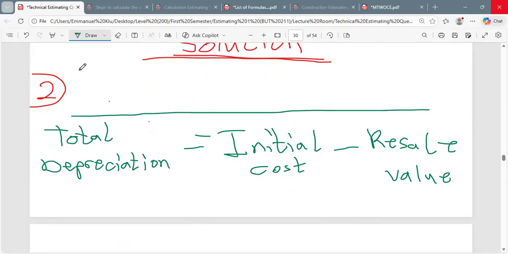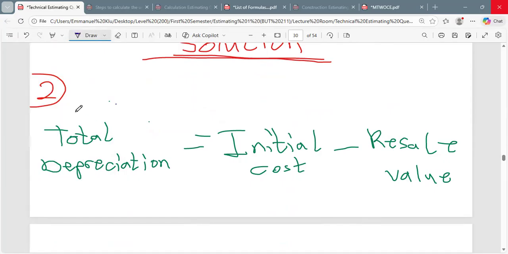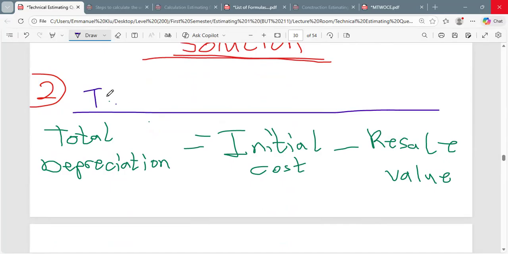This one we are doing over here is the total depreciation. Yes. So first of all, we are working on the total depreciation.